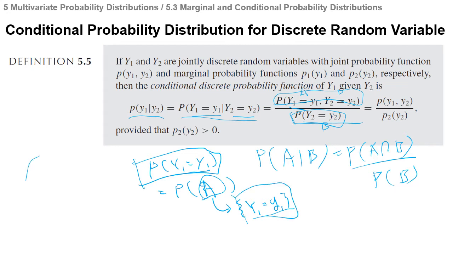In probability there's a sample space and there are sets related to the random variable, so these can be converted to sets inside those notations. That's why this is true, and we can define it like this.